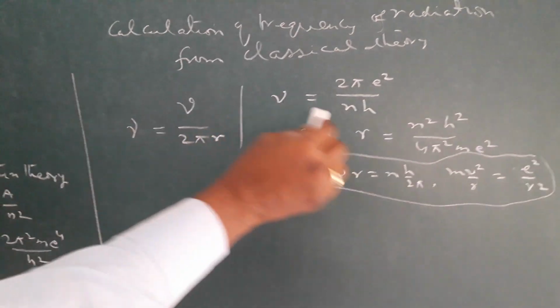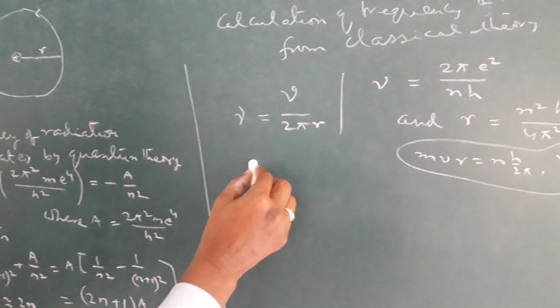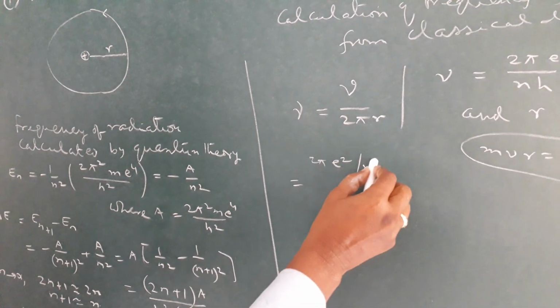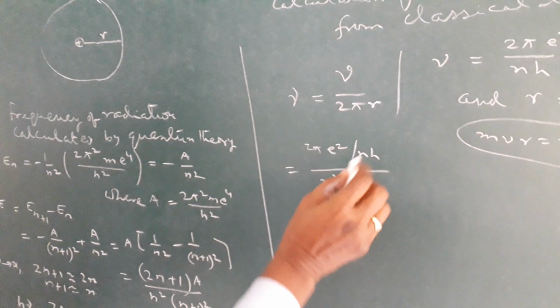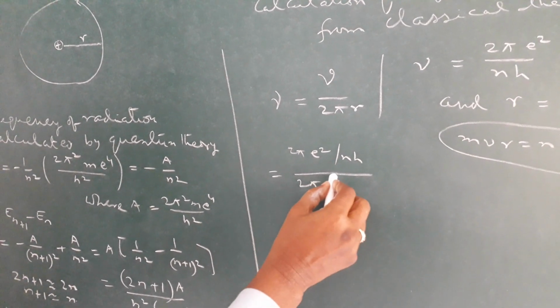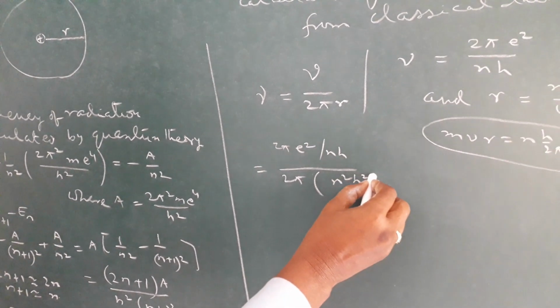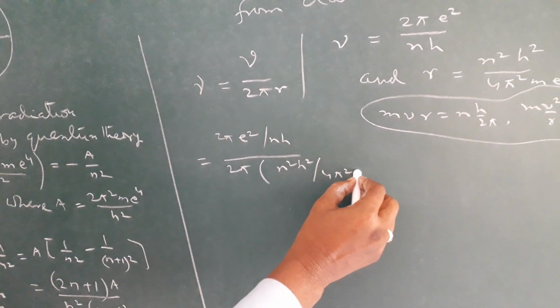If we put v and r in this expression, then twice pi e square by nh divided by n square h square, twice pi into n square h square divided by 4 pi square m e square.